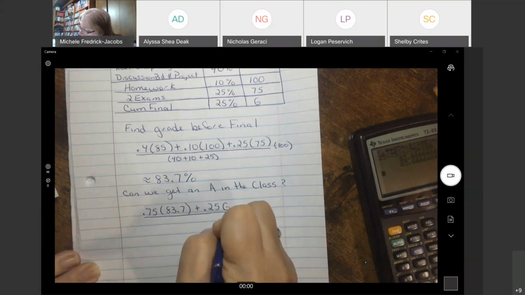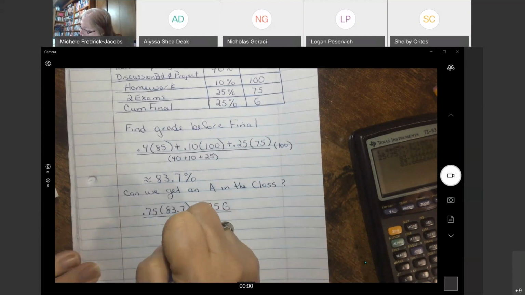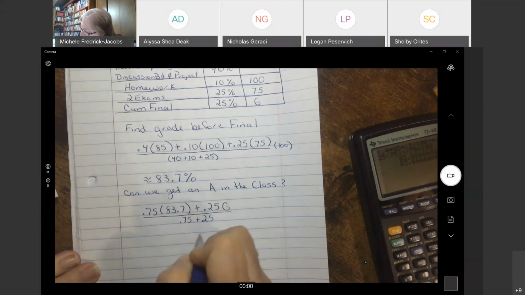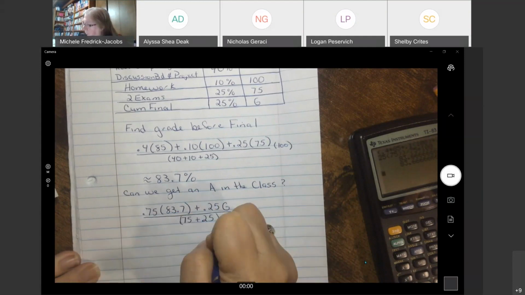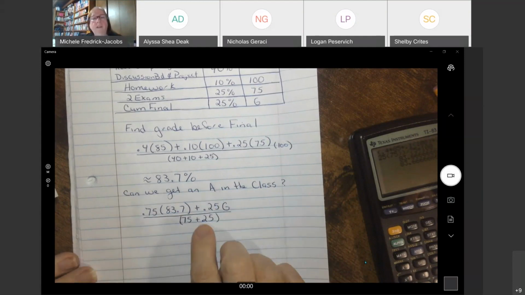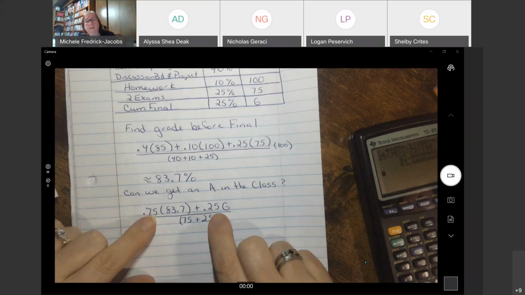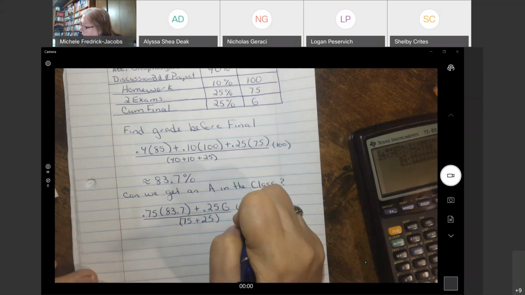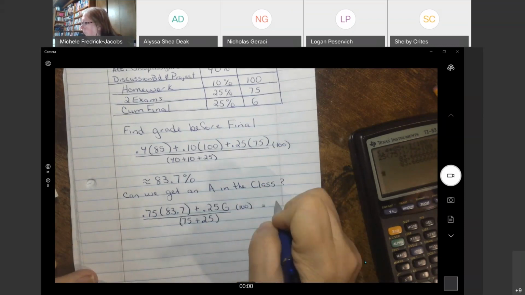Remember, we divide by the total percent, which this time, 75 plus 25 will be 100. Because we'll have everything there. And then we multiply by 100 to make it a percent. And we want a 90.